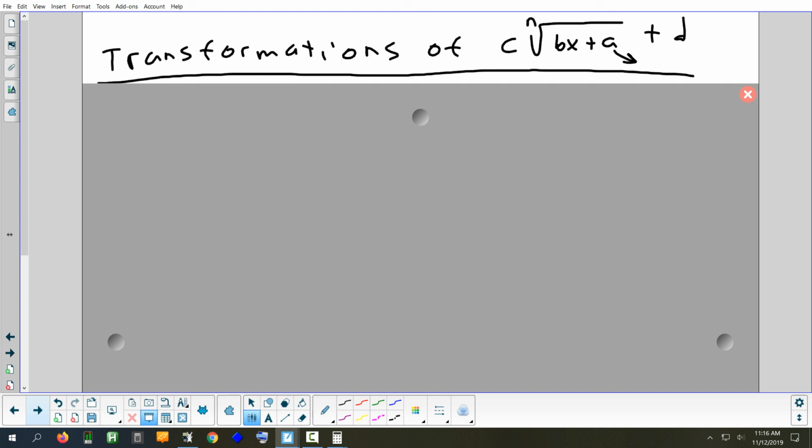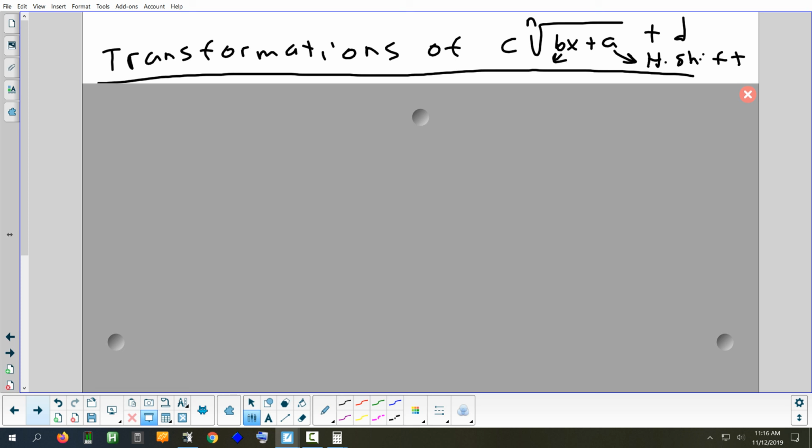What kind of transformation? Your choices are vertical shift and stretch, horizontal shift and stretch. A, B, C, and D are each one of those. The shift moves it left and right. So this is a horizontal shift.